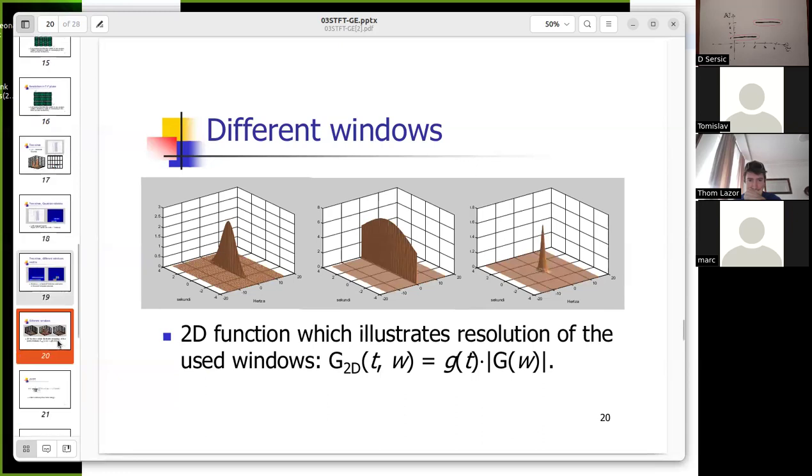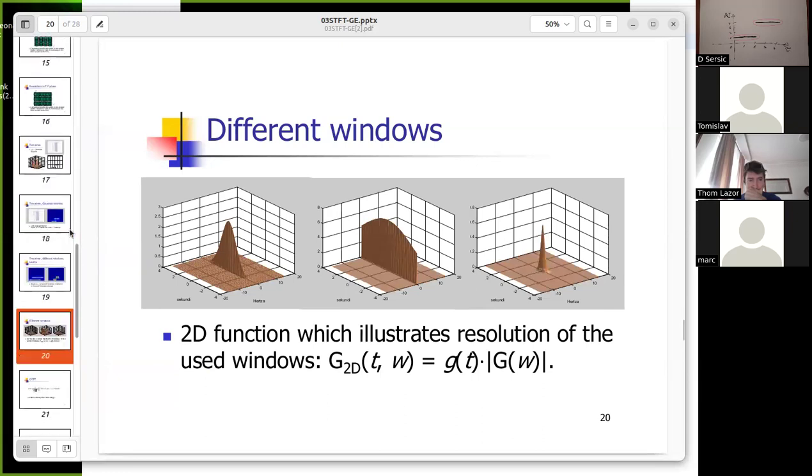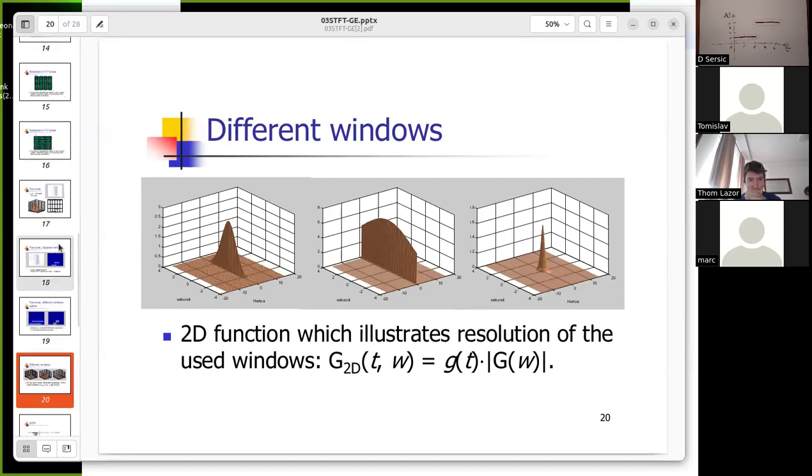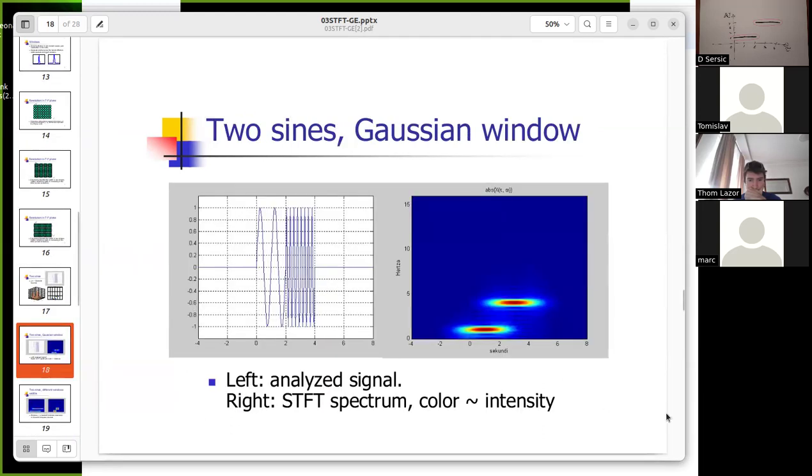So you cannot have them both. Good, but still it is a very nice tool, and when you see something like this, it tells you a lot about the observed phenomenon.